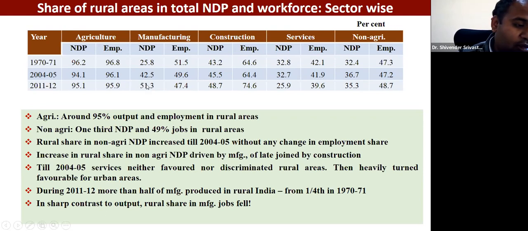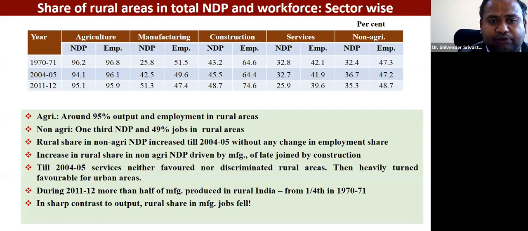It means that most of the manufacturing plants are being constructed there. It may be because of many reasons: the cheaper availability of labor, cheaper availability of inputs, some environmental laws that many industries cannot be established in urban areas, pollution and those types of things.